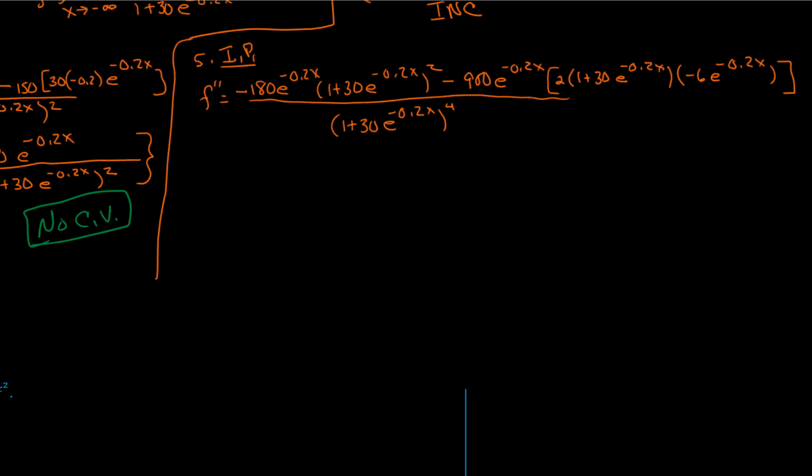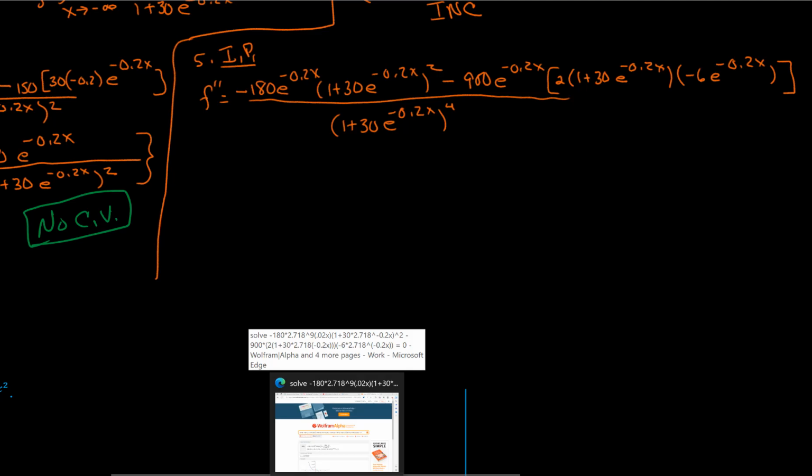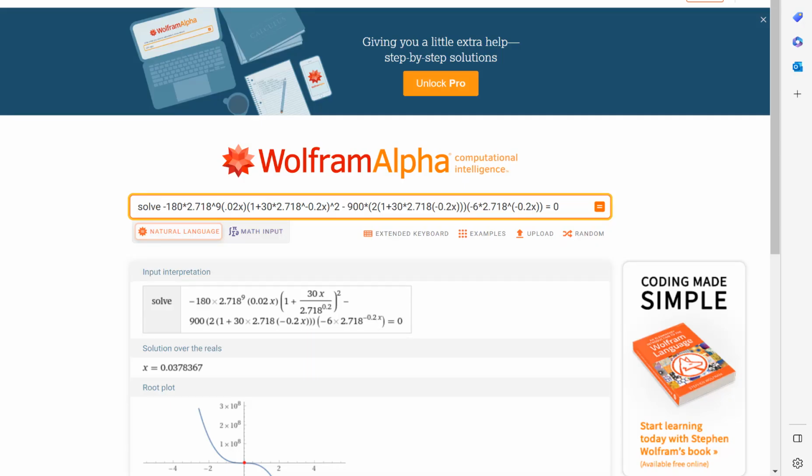So the only place that we really need to concern ourselves with is where does the numerator equal 0? Definitely not an equation I would ask you to solve by hand, but I went on Wolfram Alpha, entered it in, and came up with an x value right there. Okay, so it's 0.038. So we're going to call that our solution.